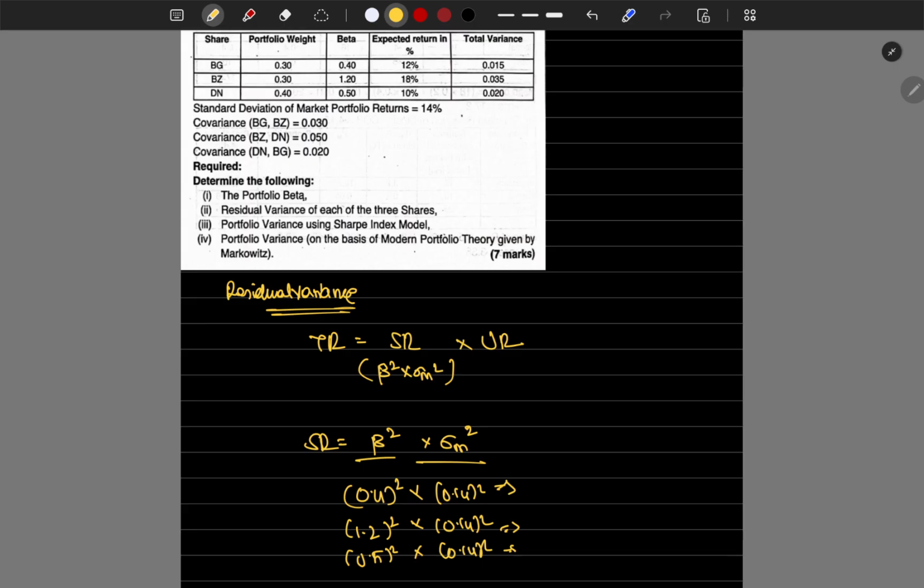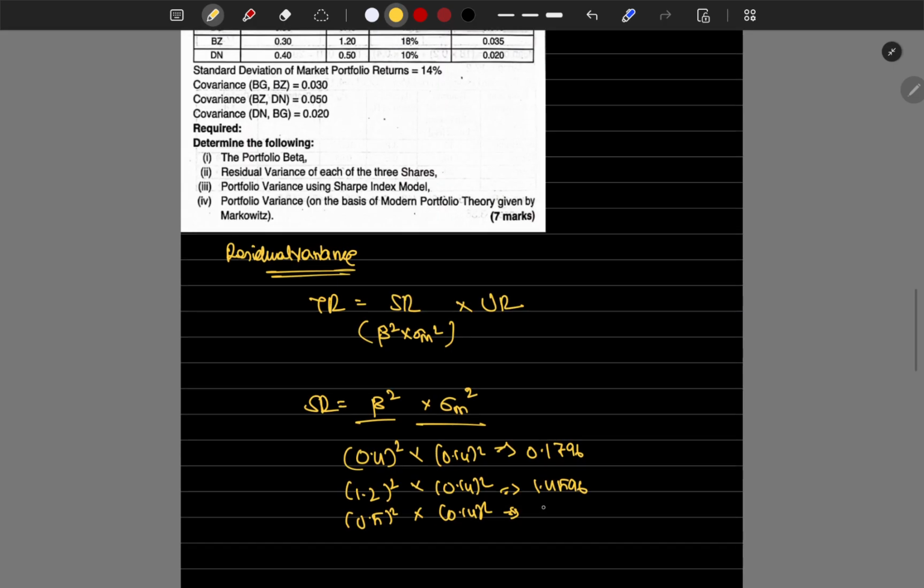How much will we get? Okay, 0.4, 0.14, 0.4, 0.1796, 0.4, 1.2, 0.4596, 0.5, which is 0.2696. So we got the values.